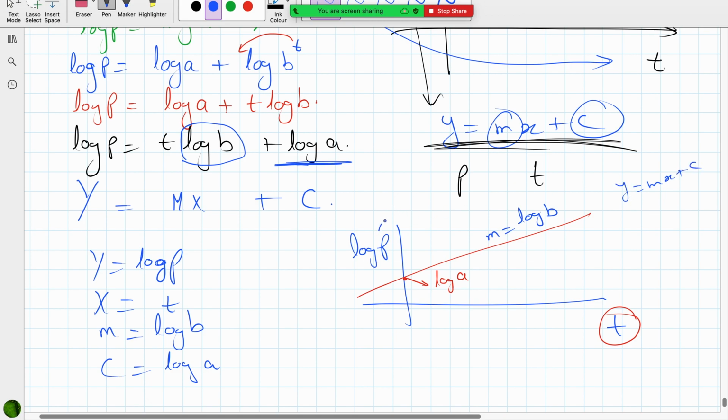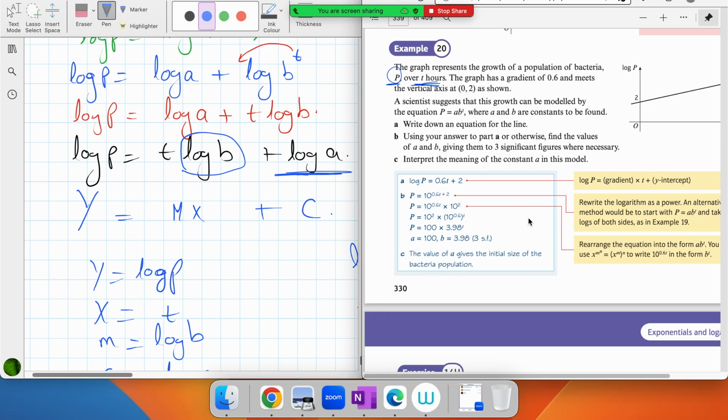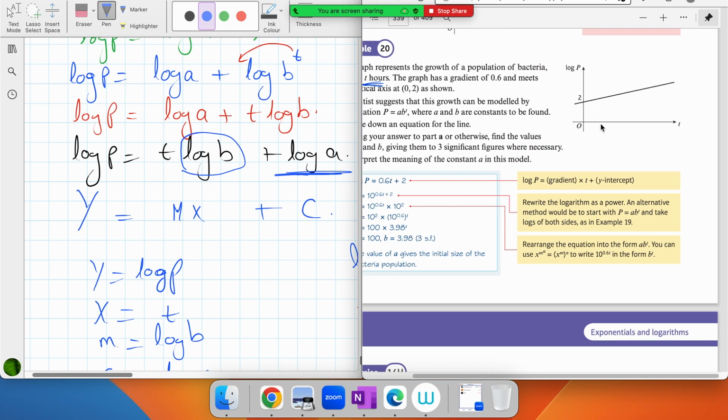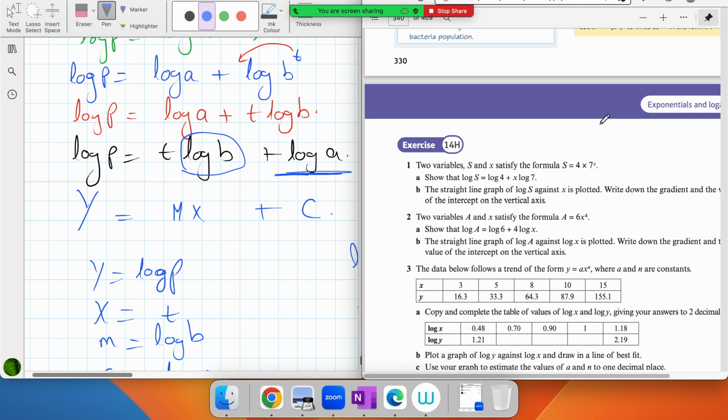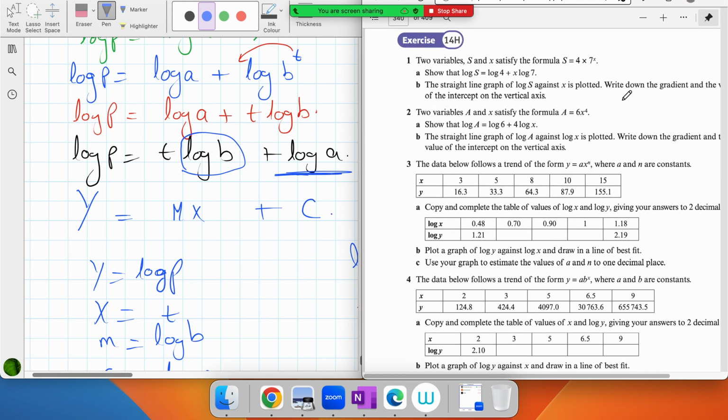We know our y is log P, our gradient is log B, x is t, and y-intercept is log A. And it would result in a straight line. For example, this very equation, s is equal to 4 times 7 to the power x.